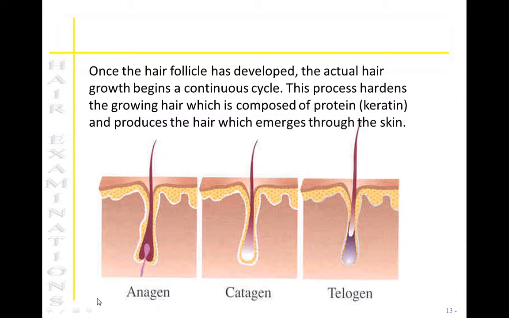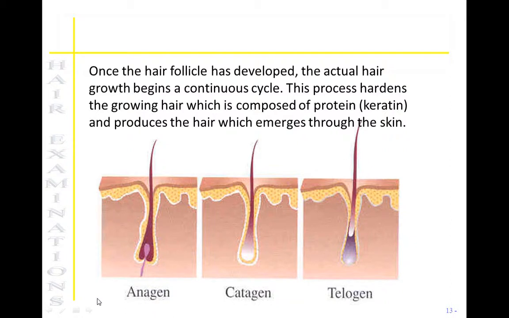The hair is composed of a protein called keratin. Eventually, it will emerge through the skin and continue to grow in that anagen phase. At some point in time, the hair will transition into the catagen phase and then finally into a telogen phase, where it's in more of a resting stage.